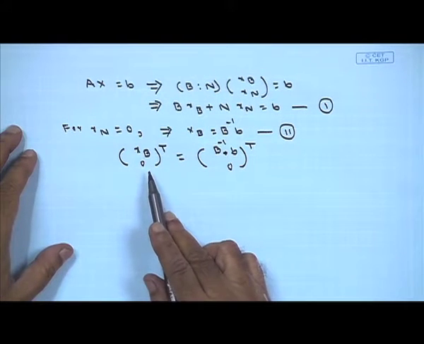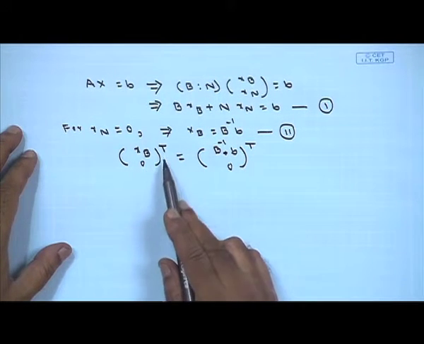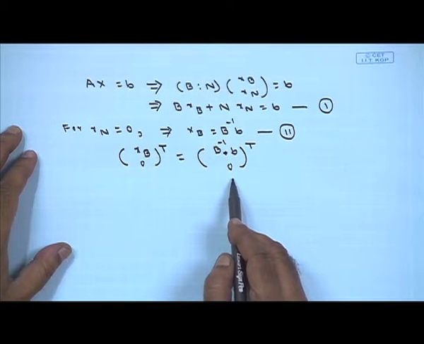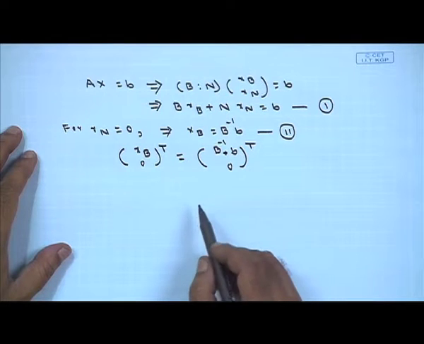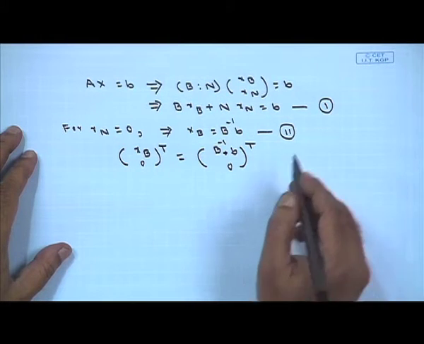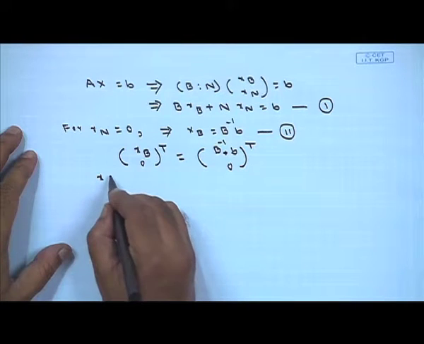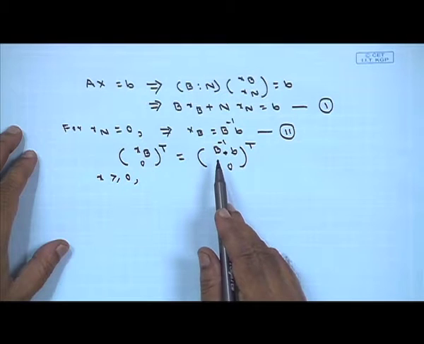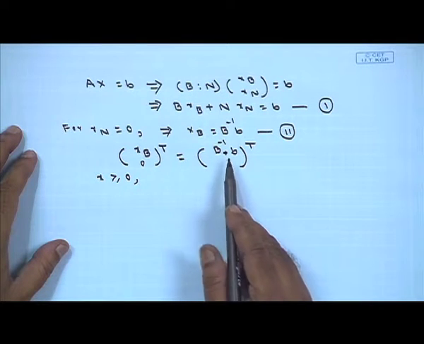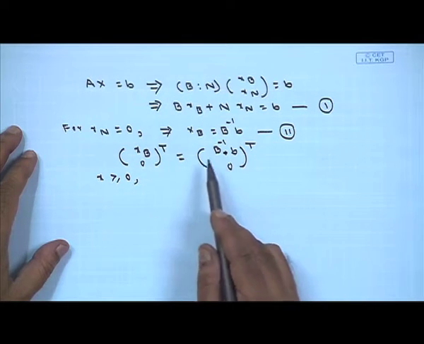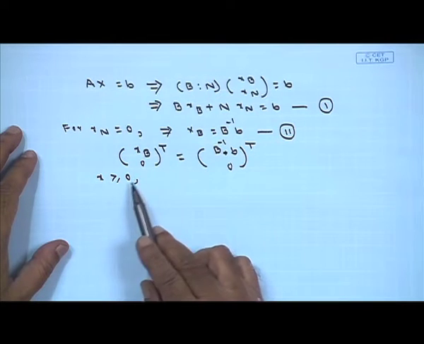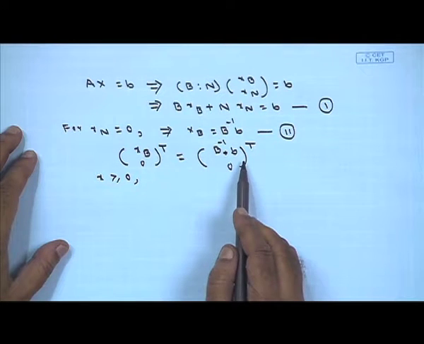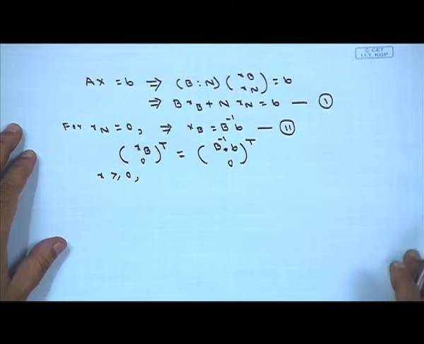If x is greater than or equal to 0, which is already mentioned, then we have the basic feasible solution. So, for xn equals 0, we have the basic feasible solution if B inverse B is greater than or equal to 0, of the form B inverse B, 0 transpose.